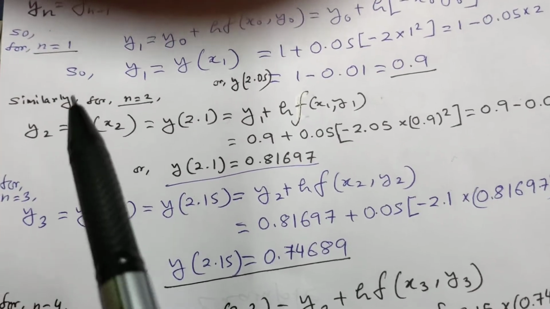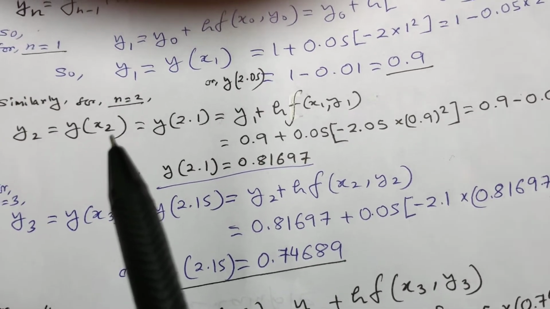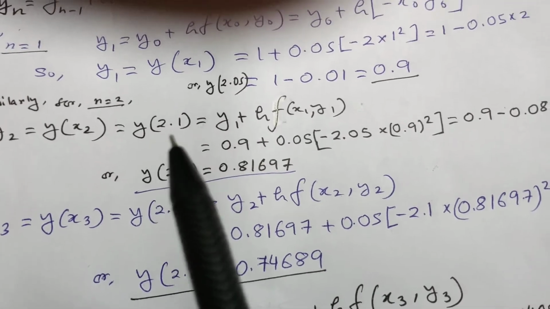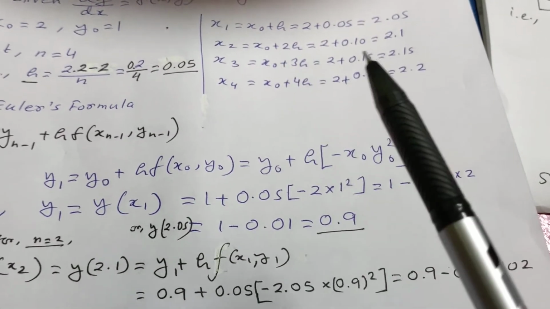Now if we consider n equals 2, we get y2 equals y(x2) equals y(2.1), as x2's value is 2.1, which we have already calculated.